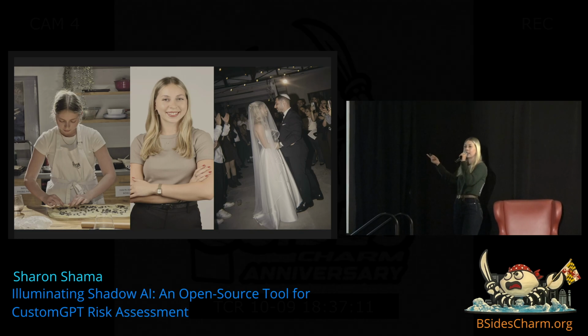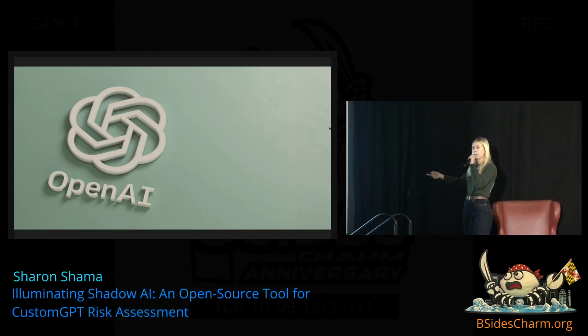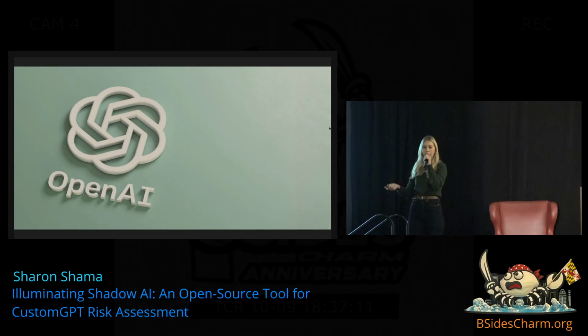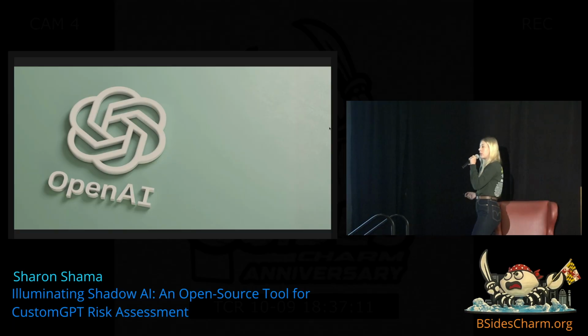Okay, now we can go into the more technical parts. But before talking about custom GPT, let's understand the engine behind it, OpenAI. So OpenAI didn't just give us one product. They didn't give us only ChatGPT.